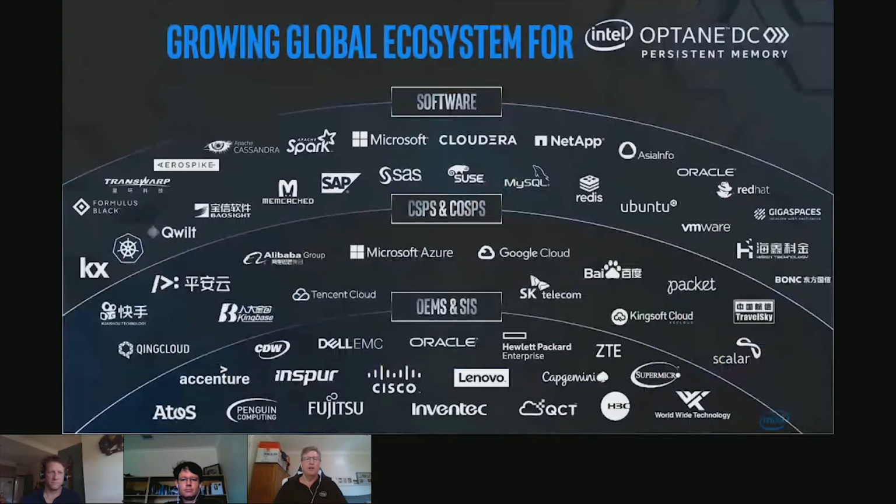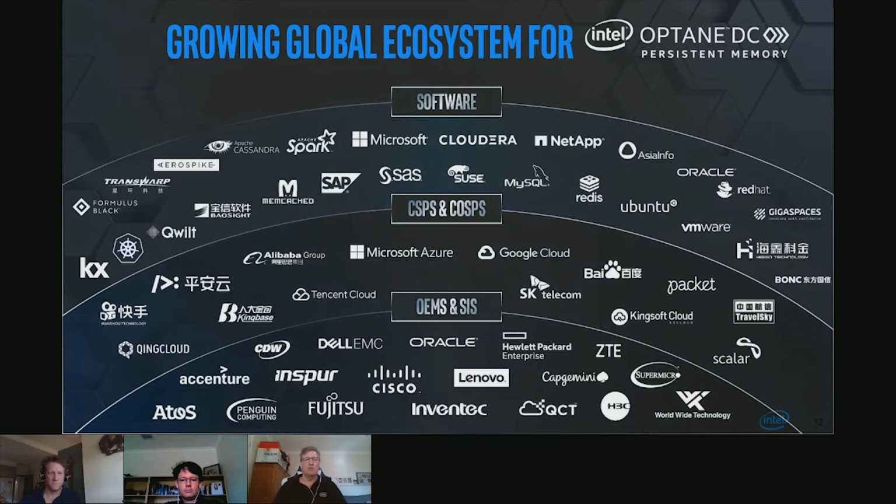Now we've got a very significant ecosystem taking advantage of this. Obviously on the inside, we've got all the hardware vendors, so all the usual OEMs, and also the Intel channel products, which XENON represents. Then Intel also works very closely with the cloud service providers and the comm service providers.